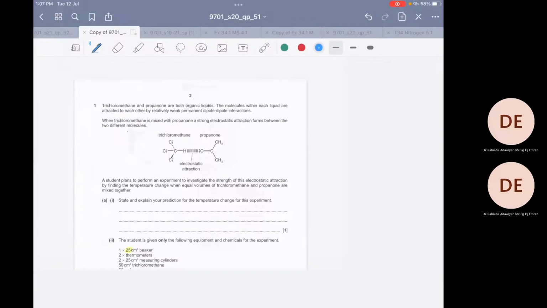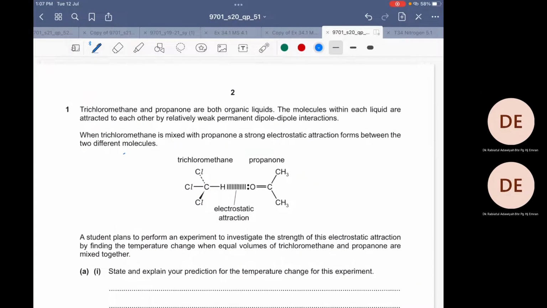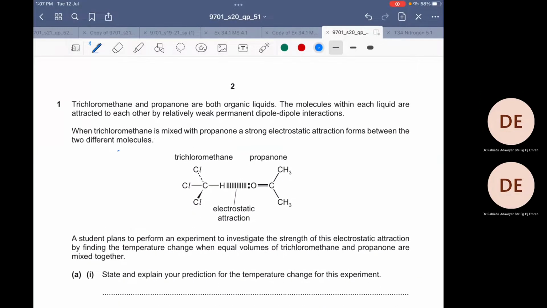Okay, so today we are going to look at paper 51, June 20. The first question is looking at trichloromethane with propanone, and the interaction between each other is permanent dipole interactions.